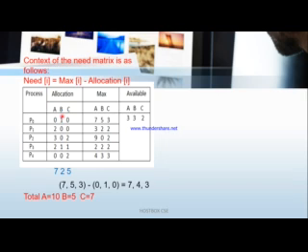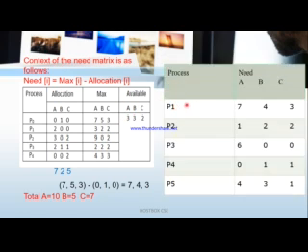Similarly, maximum: for P0, A is 7, B is 5, and C is 3. Subsequently, P1 is 3 2 2, P2 is 9 0 2, P3 is 2 2 2, and P4 is 4 3 3. Now I can see the need.